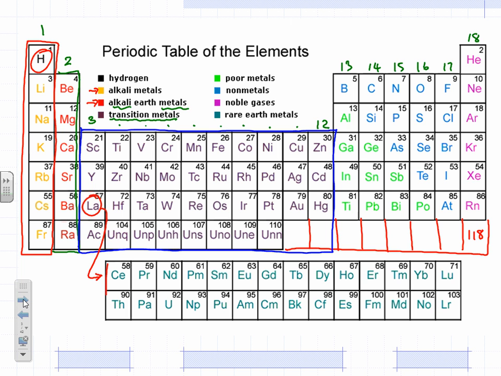So these are the lanthanoids. The actinoids are the elements in the row that begins with actinium. So that's these here.